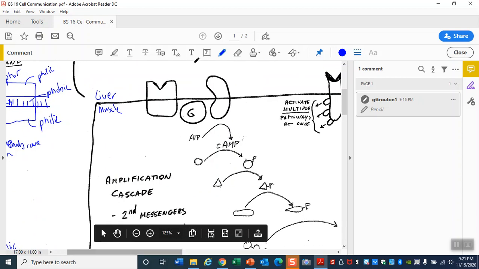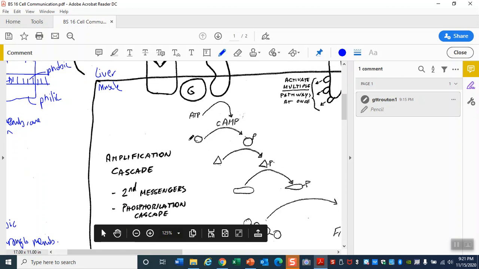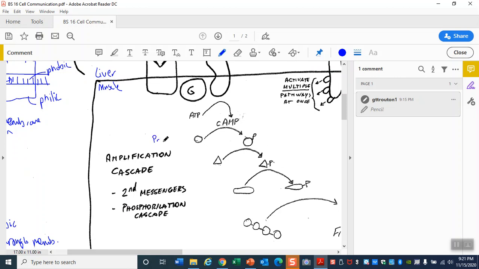While we're labeling things, and before we go through this, I want you to label these molecules over here. This is just to set the stage. So this circle is protein kinase A, and as is, it is inactive.